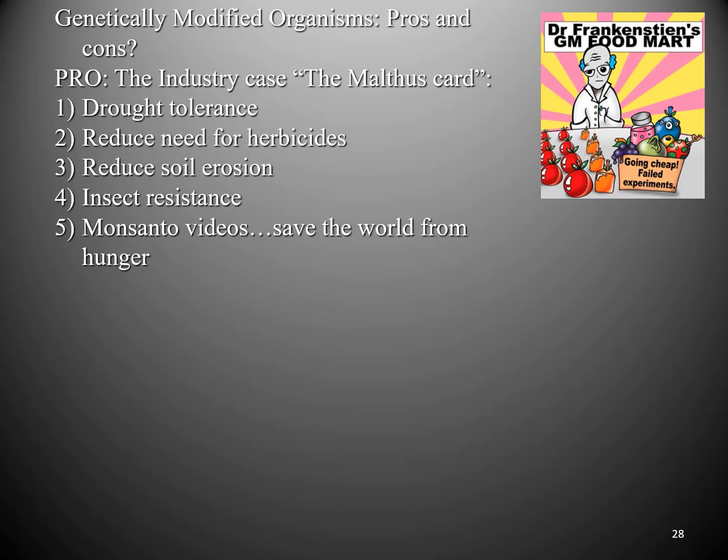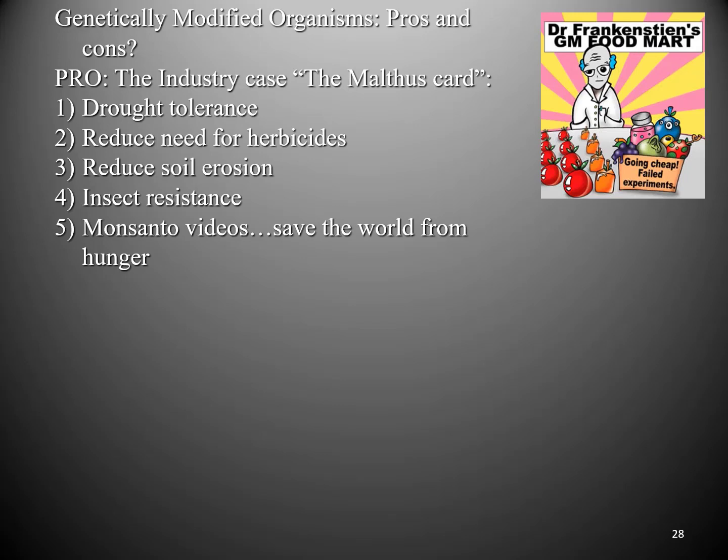So the pro side, why GMOs can save the world. And the people that sort of argue this side are the CEO of Monsanto, the food scientists. They play the Malthus card, right? And so they say GMOs can help solve world hunger. You can breed these seeds for all different types of abilities like drought tolerance.